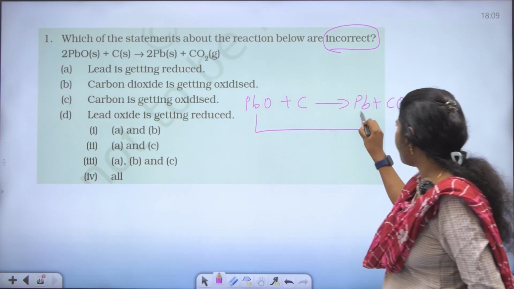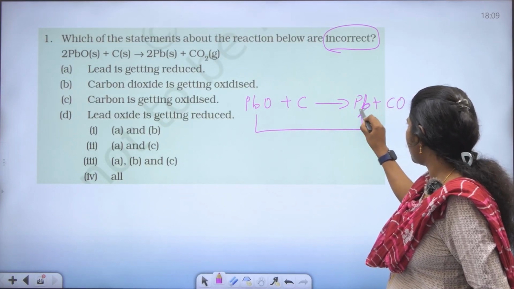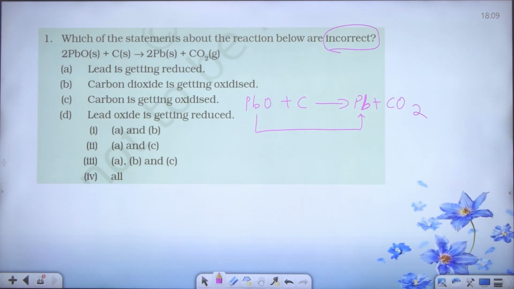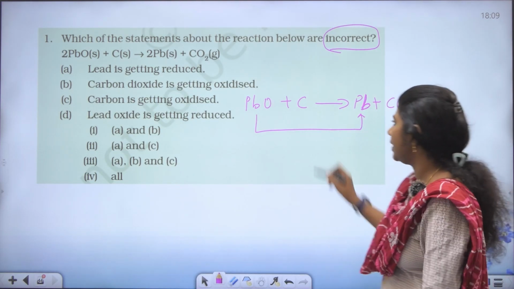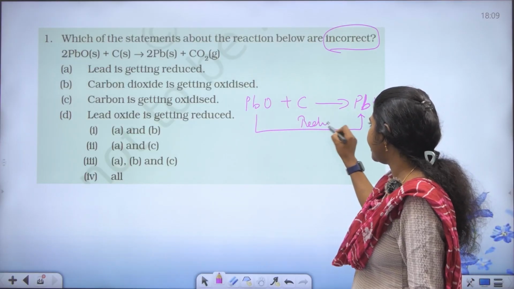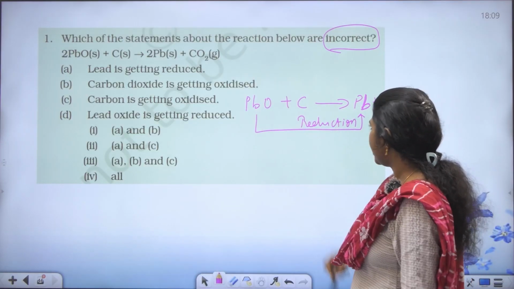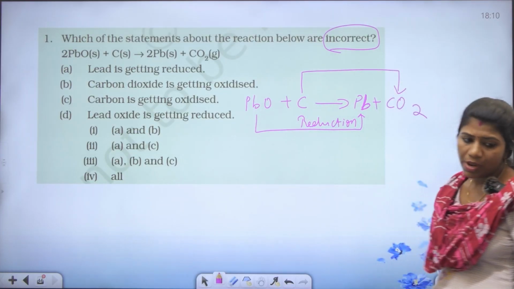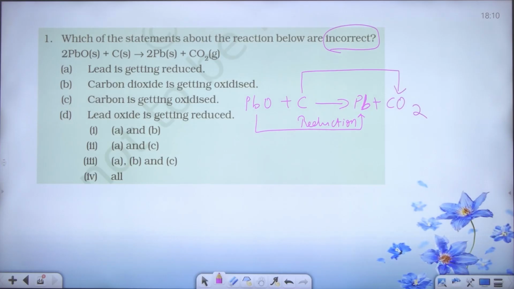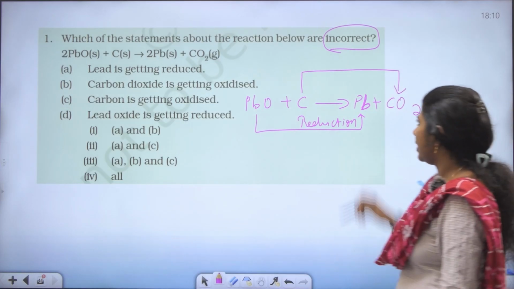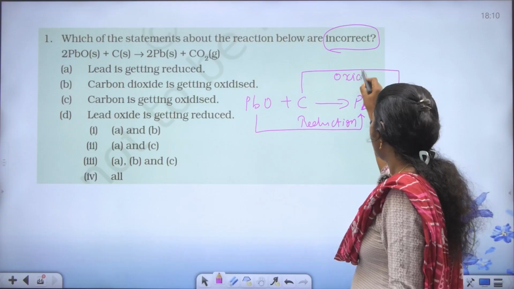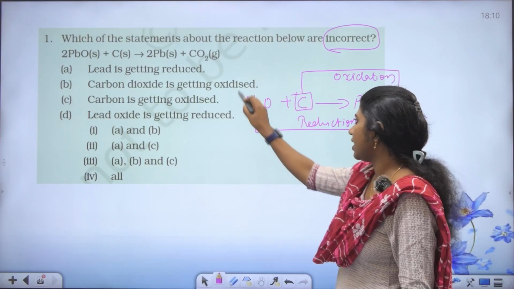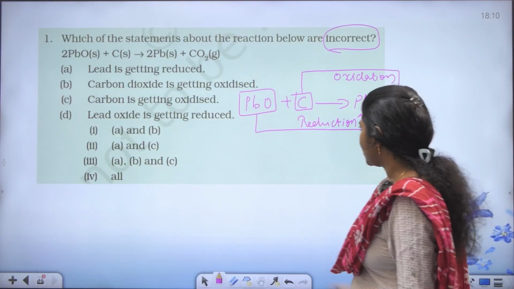PbO changed to Pb. Lead oxide changed to lead. Removal of oxygen is reduction. Carbon changed to carbon dioxide. Addition of oxygen is oxidation. That means carbon is oxidized and PbO is reduced.